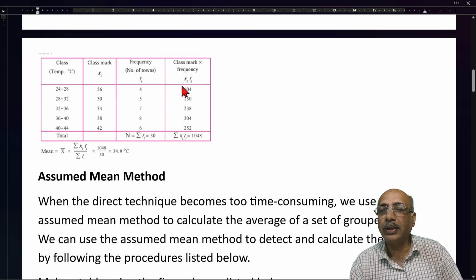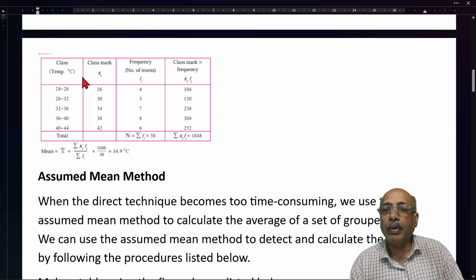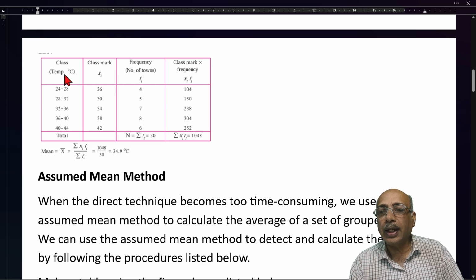Your temperature is there. Here in the direct method we have only 4 columns to be written, that is class, class mark, frequency, and class mark into frequency.